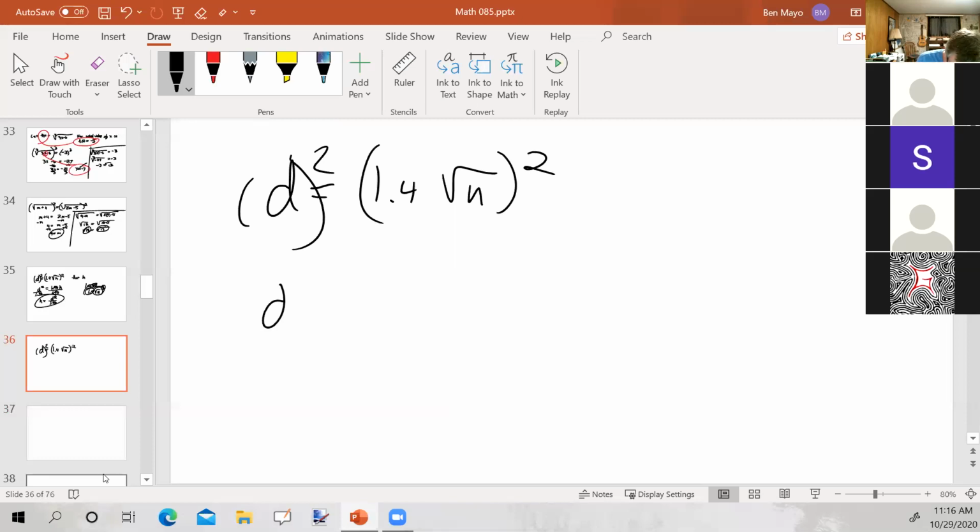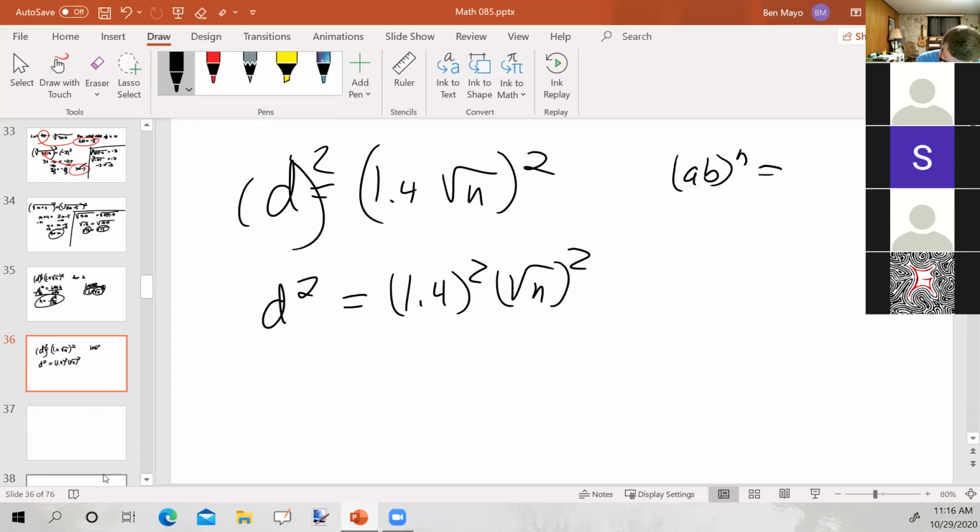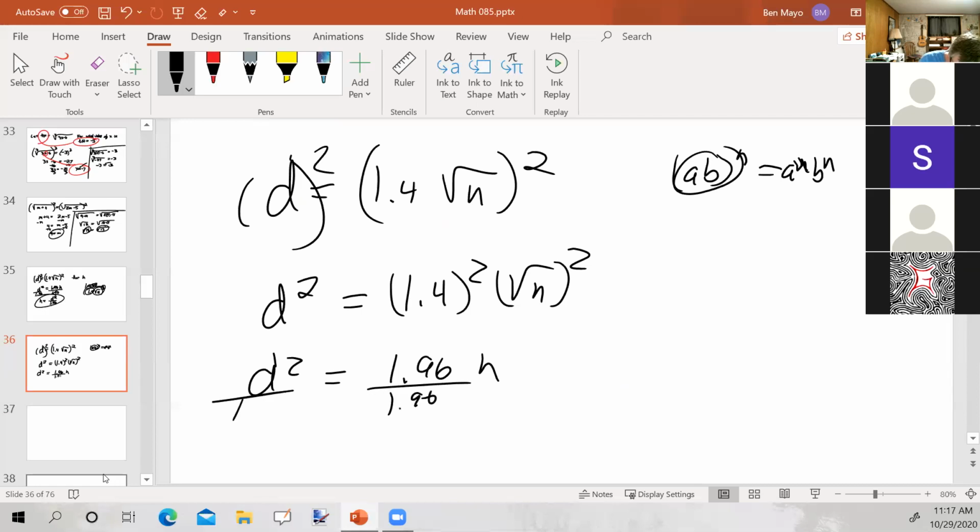So I've got d squared equals 1.4 squared times the square root of h squared, because if I have a product raised to a power, you attach that power to each factor throughout. So now I've got d squared equals 1.96h. Then to end up with h alone, you divide to get the 1.96 to the other side. Okay, that's where that came in.